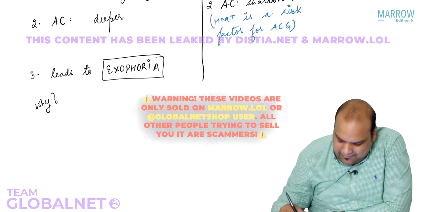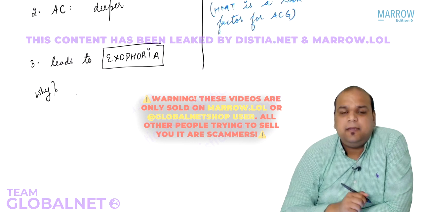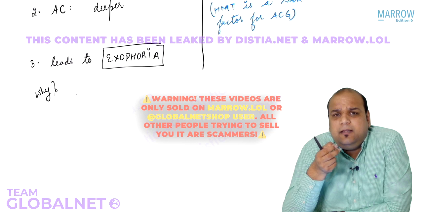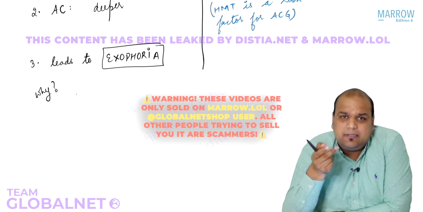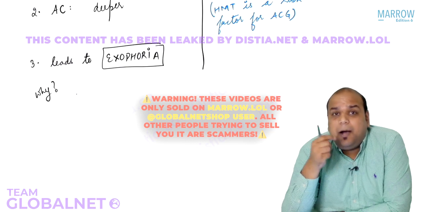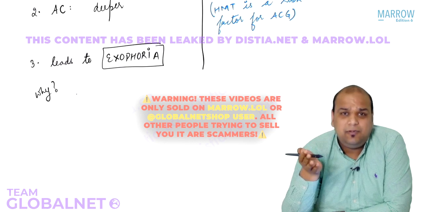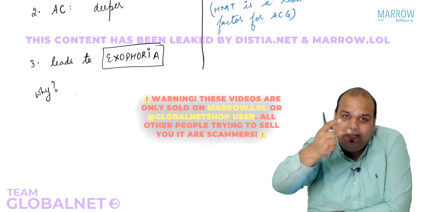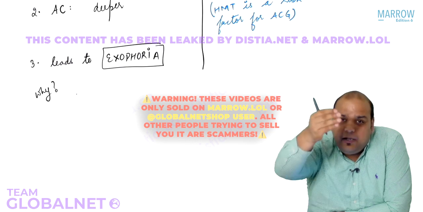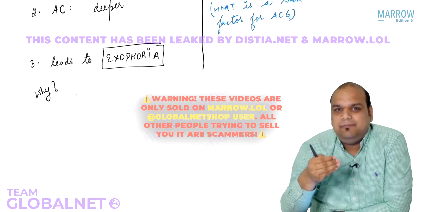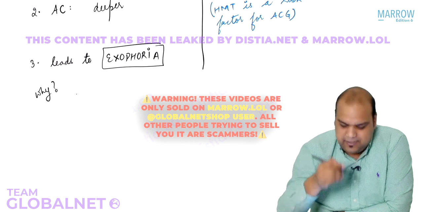But why, everybody? Because, see, in myopia, what is occurring? My far vision is getting lost. If I talk in optical terms, my far point is usually at infinity, yes or no? That is why we say parallel rays of light coming from infinity. Now my far point comes closer to me. That is why I lose my far vision.